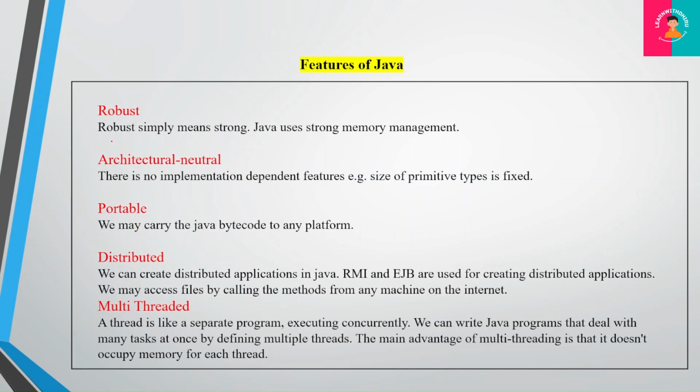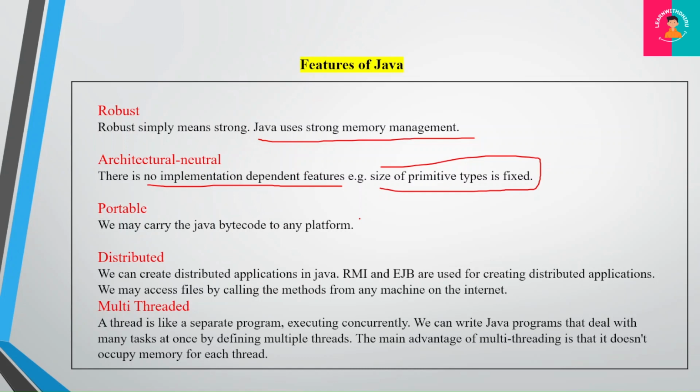Then it is robust, with strong memory management. There is no implementation dependent feature, like the size of the primitive types. Then it is portable, carrying the Java bytecode. If you have the bytecode, then we can run it on any platform.